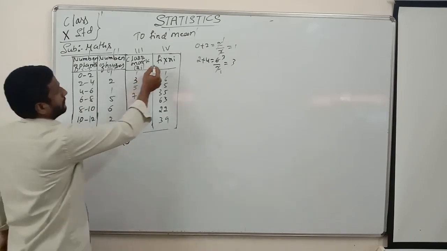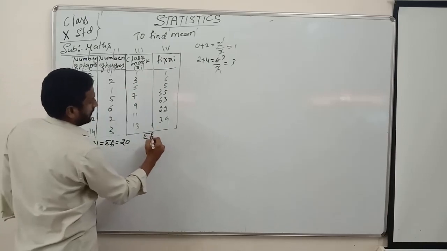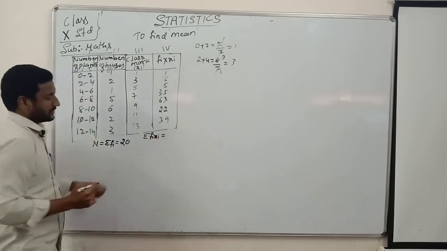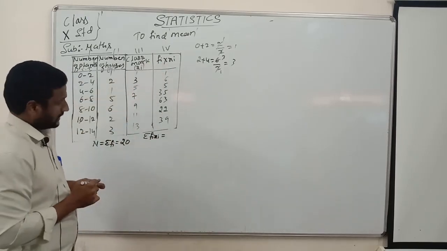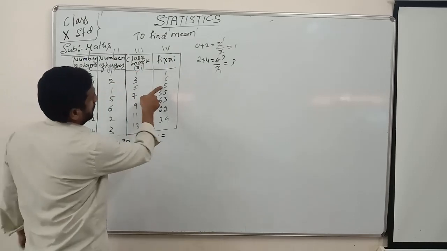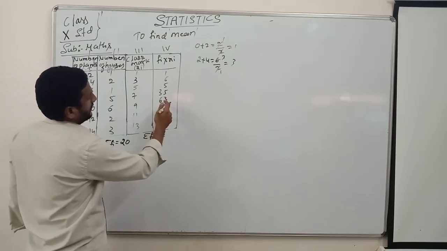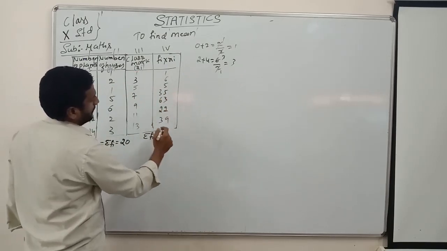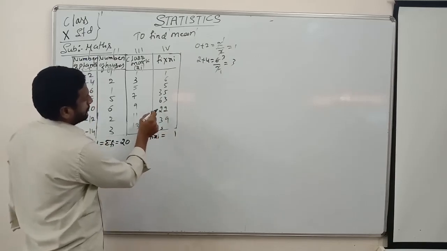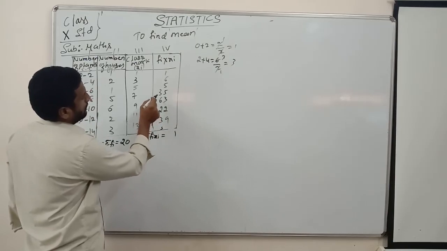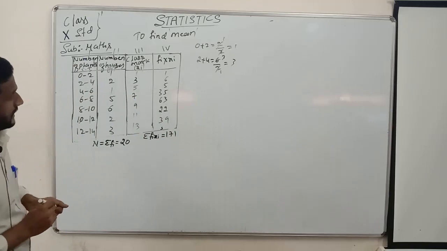Similarly for fi and xi, you can take the summation, sigma fi xi, where sigma indicates that all the fi xi values you should add here. So 1 plus 6 is 7, plus 5 is 12, plus 5 is 17, plus 3 is 20, plus 22 is 42... Once again you check it here.